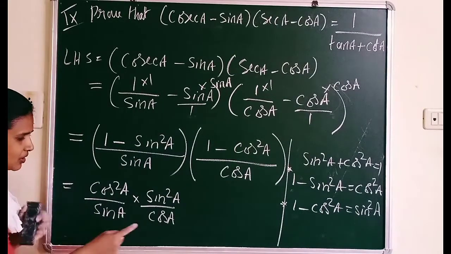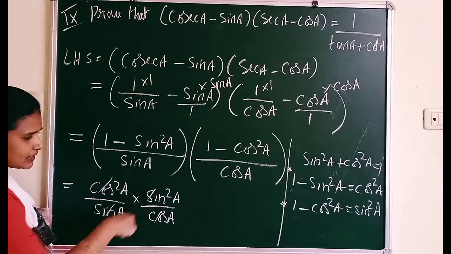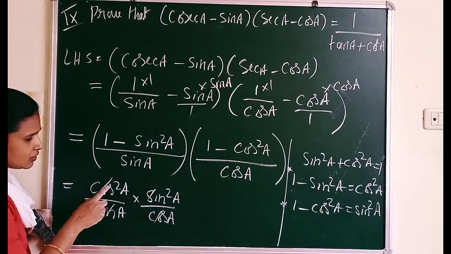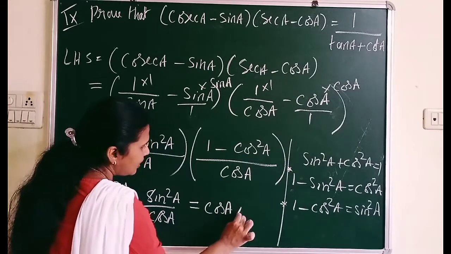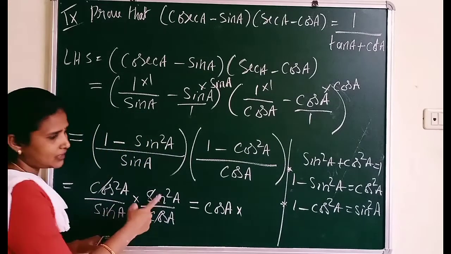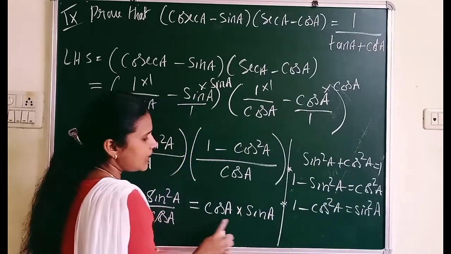Now you can observe like terms: one cos gets cancelled and one sine gets cancelled. You have two cos, so one cos will remain, and two sines, so one sine will remain. So you got cos A into sine A.